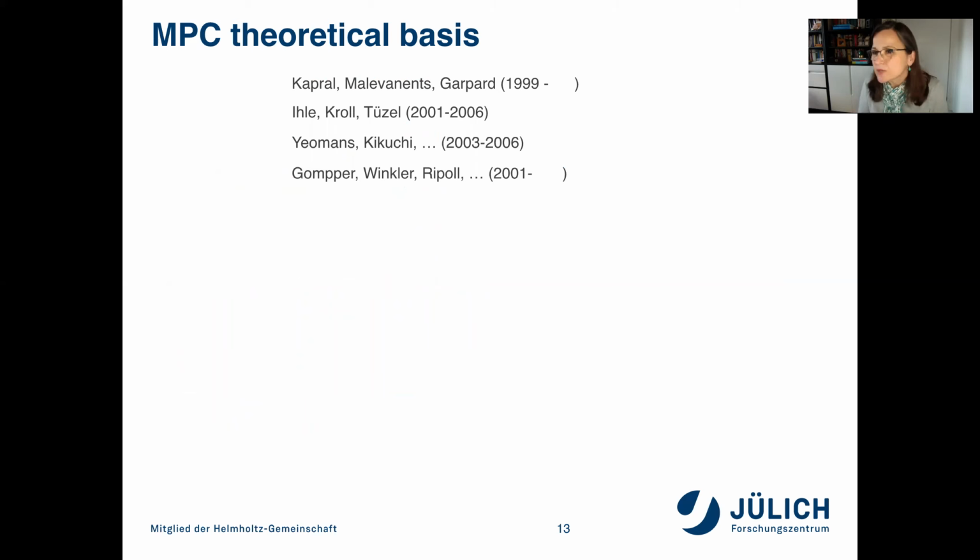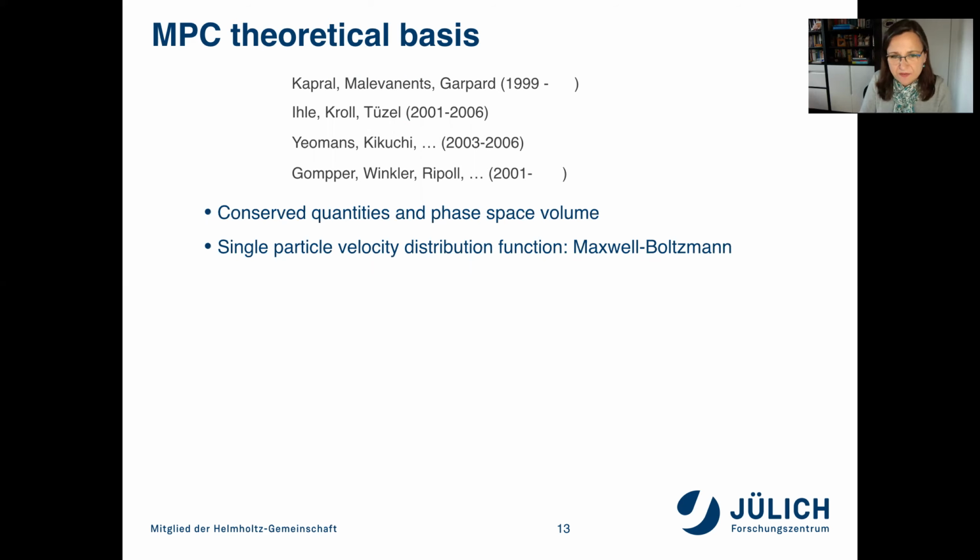And you might say it's a little bit naive to think that it's all nice, but why does this reproduce the properties of fluids? There has been a lot of work since it was proposed in 1999 by different groups. And so far, so good, it is quite consistent that the method works very nicely. It has been checked that we have conserved quantities in phase and space volume, that if you are in equilibrium conditions, the system goes very nicely to the Maxwell-Boltzmann distribution as it should, and other equilibrium properties are also fulfilled.